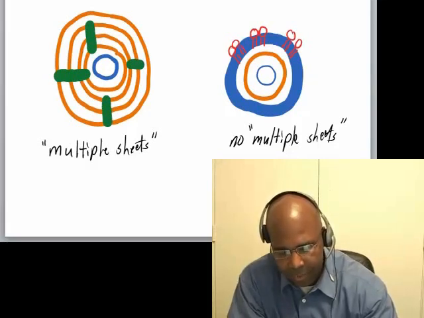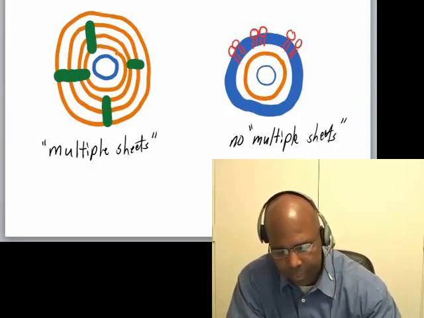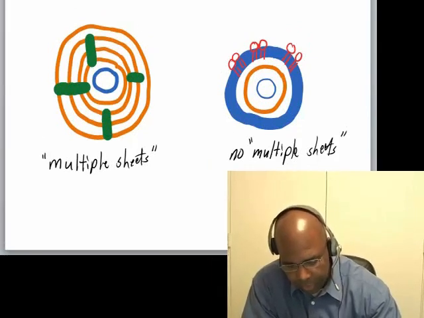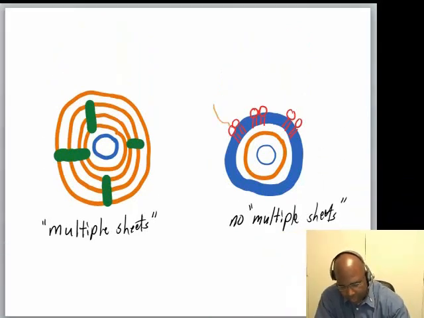And connected to those disaccharides, it's going to be a very long polysaccharide. A very long polysaccharide. Okay? And all of this structure here has a name. We'll learn about what this is.